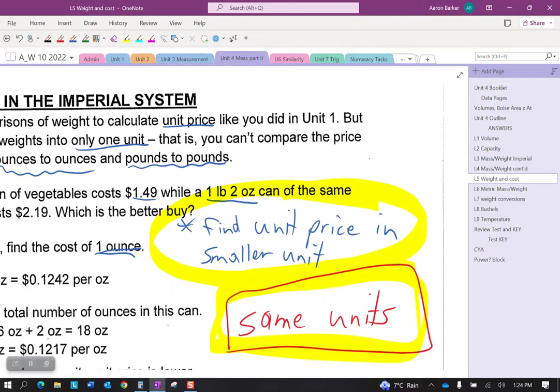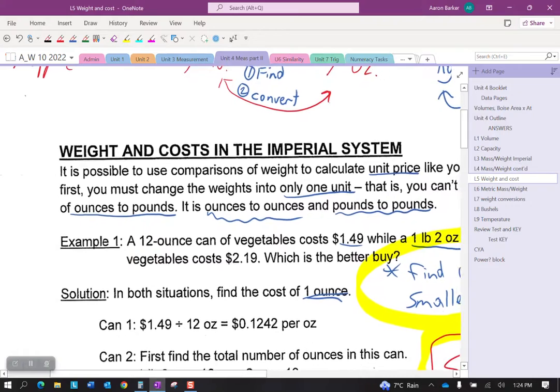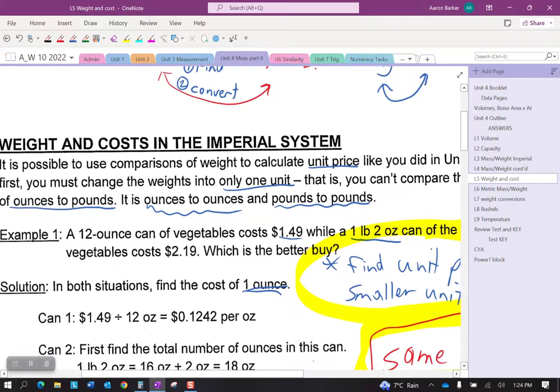Looking right here, in both situations, we have 1 can of vegetables. Underline $1.49. So 1 can costs $1.49 and it's 12 ounces. So underline 12 ounces. And what I would do after you underline them is I would connect them.